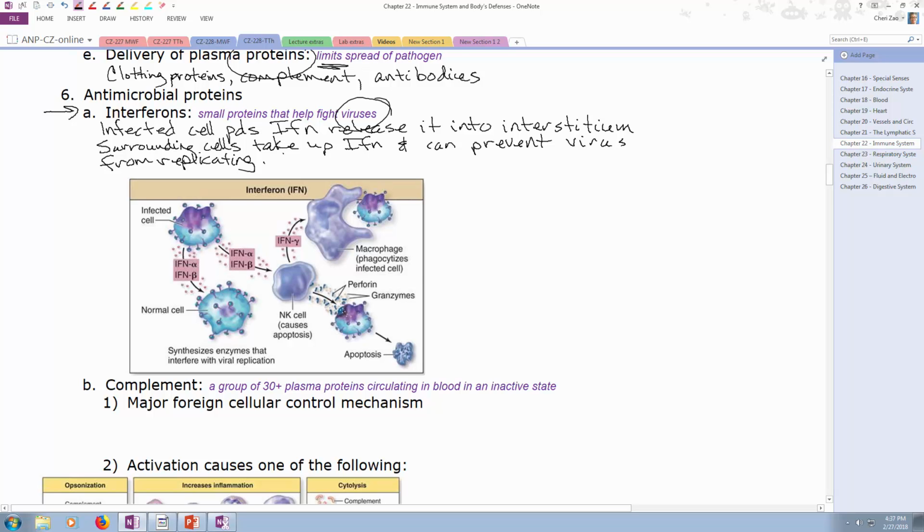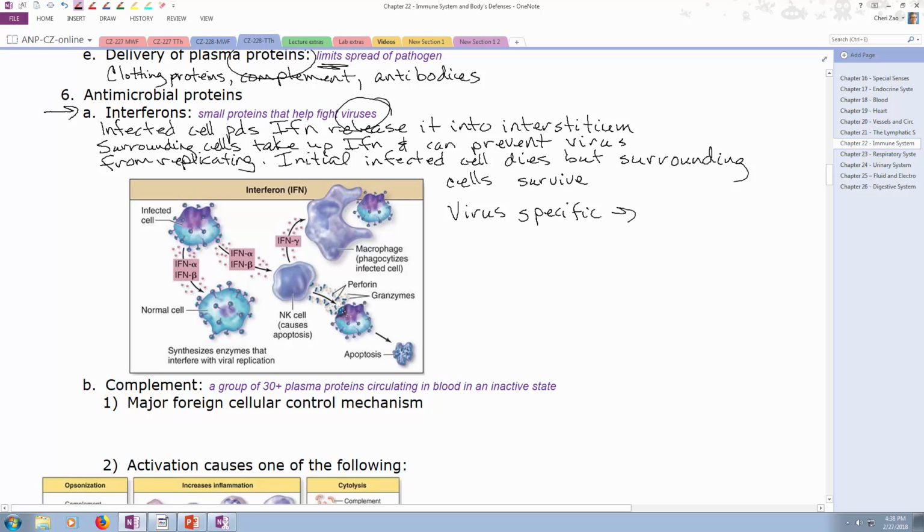So the infected cell dies, the initial one, but surrounding cells live. This is virus specific, but it's any virus. So it's designed to protect us from viruses.